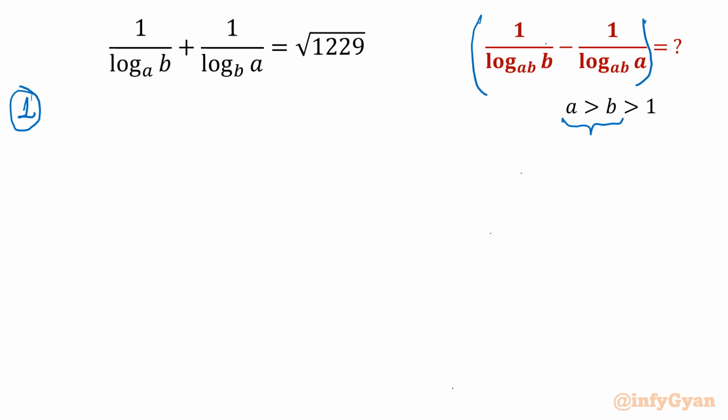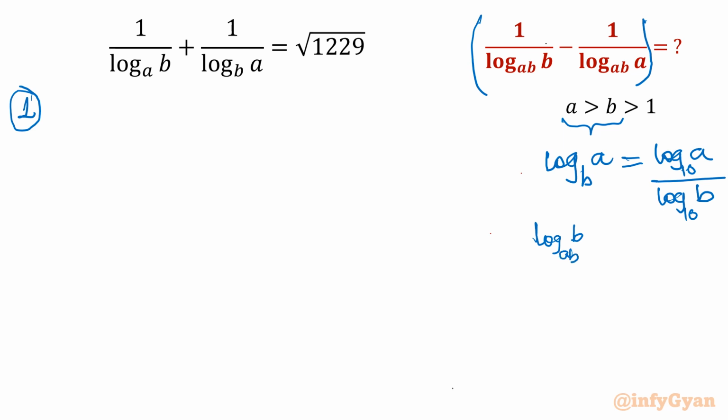By the property of log, I can write log a base b as log a base 10 over log b base 10. So log b base ab can be written as log b over log ab.